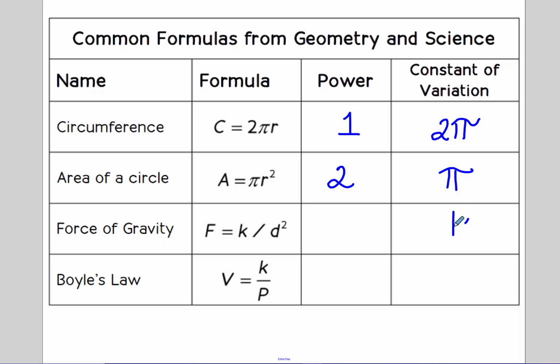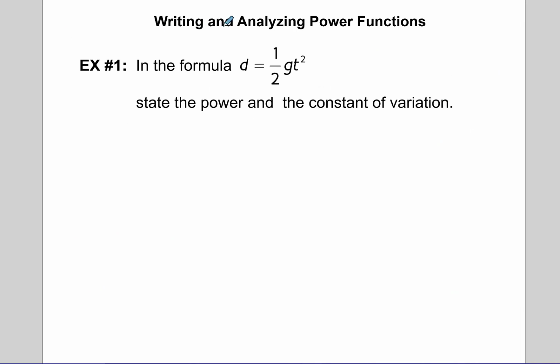Force is a constant divided by distance squared, so when we're dividing by a variable, that power is -2. Just the same as in Boyle's gas law, the power on the pressure is -1, and k is our constant of variation.